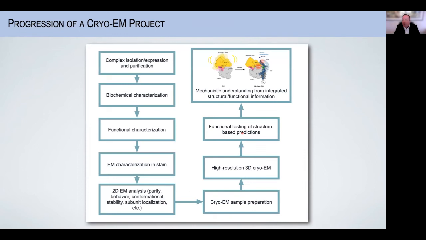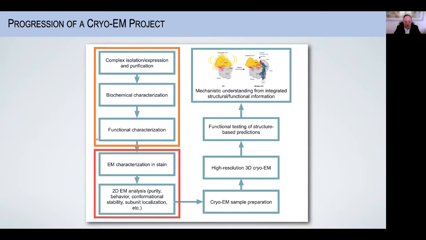Now, how does a cryo-EM project progress? Before someone is ready to use cryo-EM to do structural analysis of their sample, they have usually gone through a process of isolating and purifying the complex and performing biochemical and functional characterization. At that point, structural information becomes extremely helpful, and it's usually done in two phases. There's an initial characterization done in stain, where molecules are preserved by covering them with a layer of heavy salt.